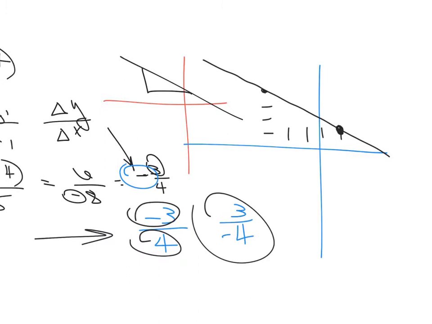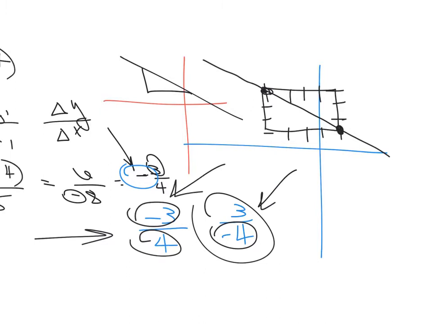So we go up 1, 2, 3, and then it says we go over left negative 4 because it's negative, 1, 2, 3, 4, and we end up there. So we went this way for this one, and we went this way for this one. But the key thing is we ended up with points on the line, and that's all we care about.